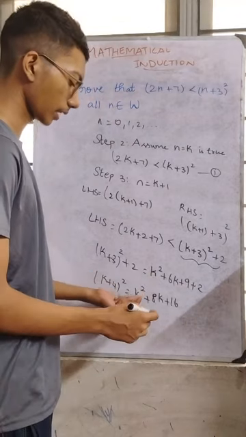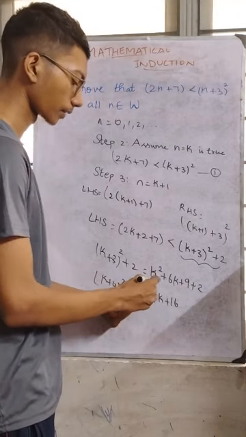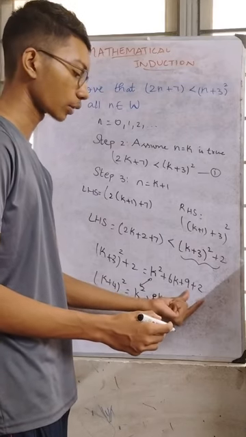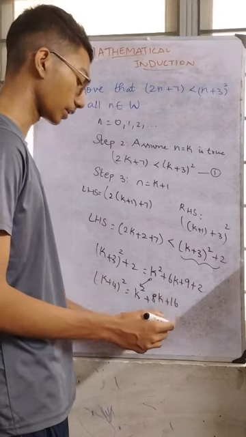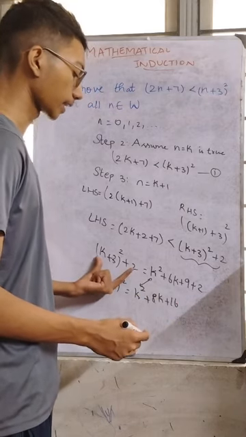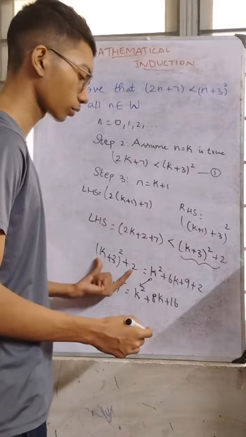Clearly the k squares are equal, and we have 6k here and 8k here, 11 here and 16 here. So clearly (k plus 4) the whole square is greater than (k plus 3) the whole square plus 2.